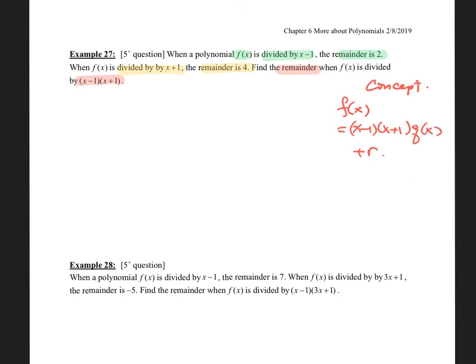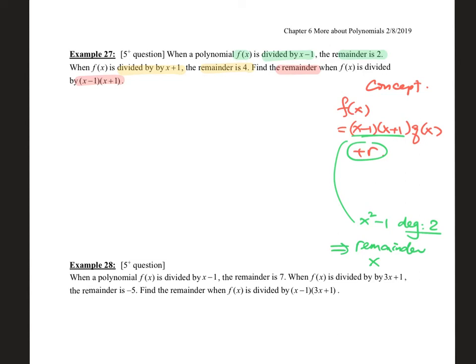But the problem comes when you write it out, because this time it is a little bit different. Can you see that when you expand (x minus 1)(x plus 1), it's x squared minus 1, which is a degree 2 polynomial? So when you are talking about the remainder, it's not necessarily just a constant, but it may involve x as well as a constant.